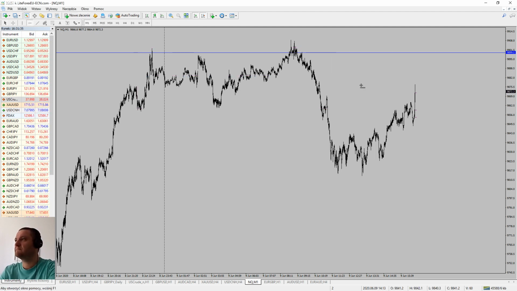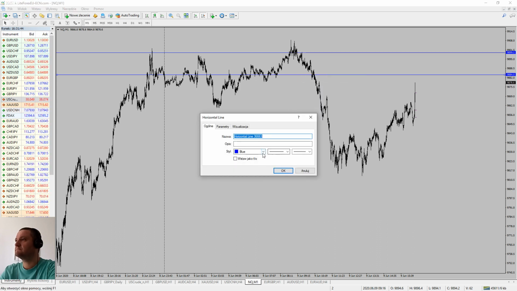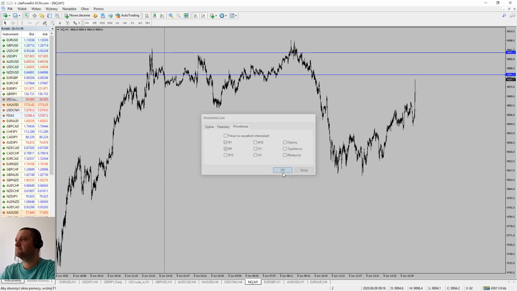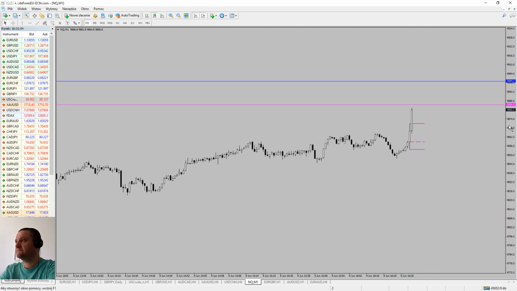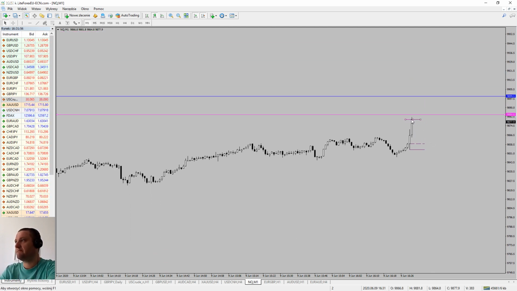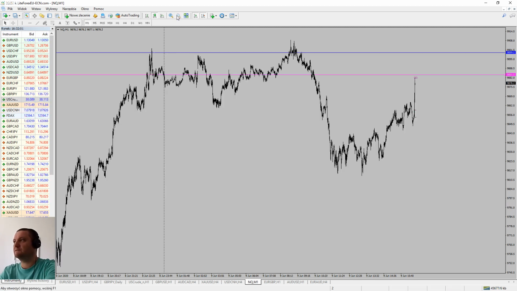Let's see how it's going to play out. All right. With this type of speed, probably we are going to go for the liquidity here, if not higher, right?